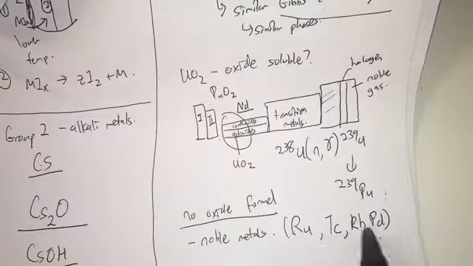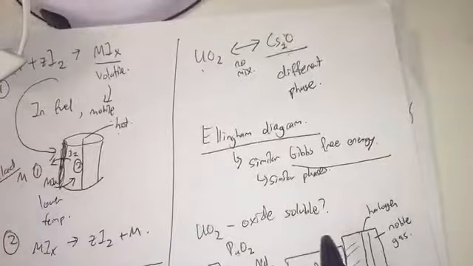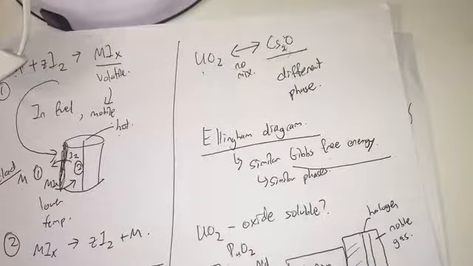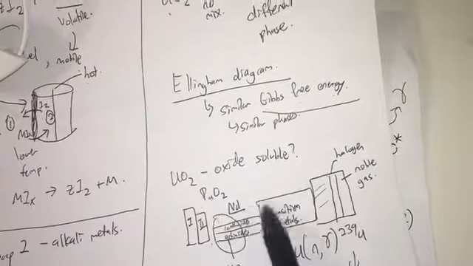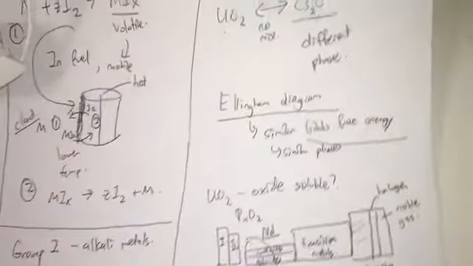So you'll find some molybdenum here, and you'll find some molybdenum in the lanthanide and actinide phase. So molybdenum is somewhere in the middle there in terms of chemistry.